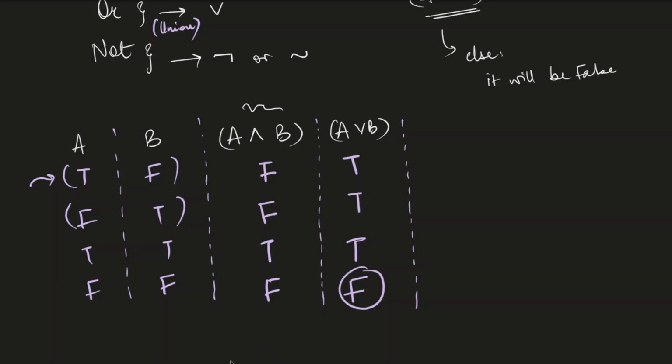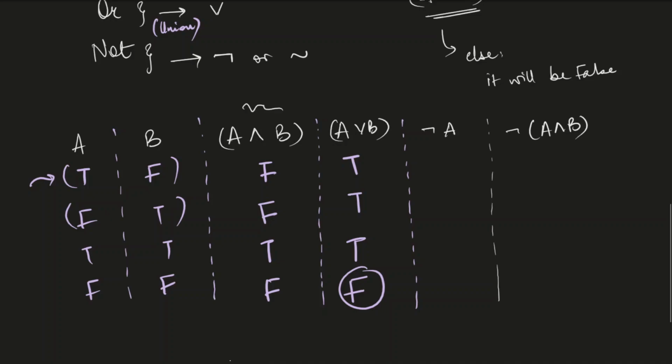So that's it. And what else do we have? Negation. Negation basically means whatever Boolean value, whatever true or false value you have, it's just the negative of that. So it's just the opposite. So for practice, let's do negation of A, and let's do negation of A and B, right?